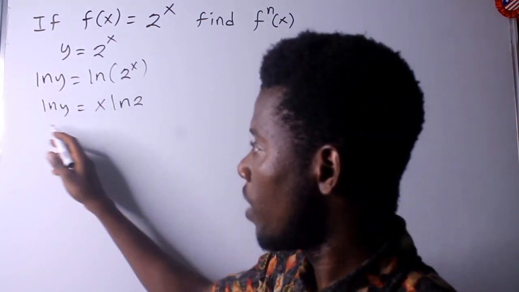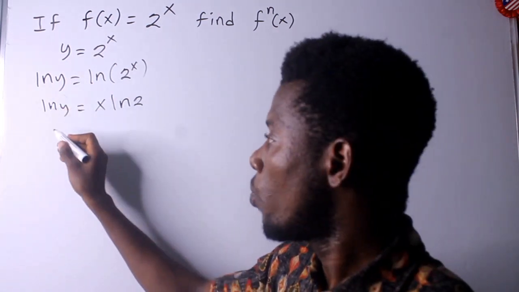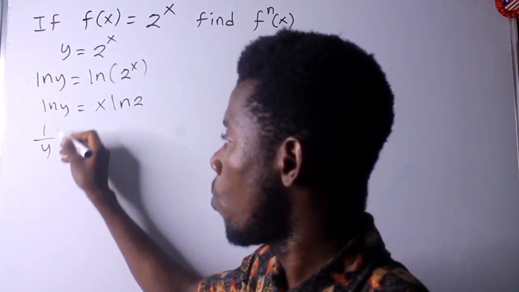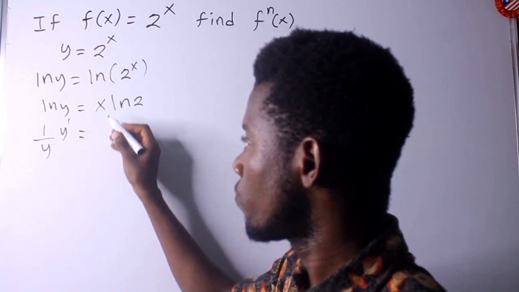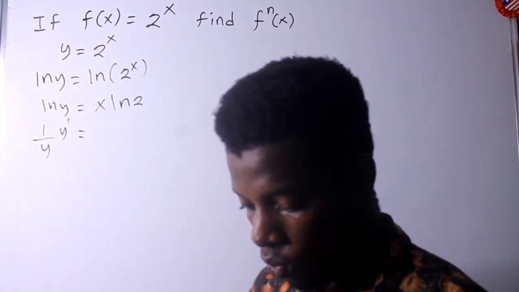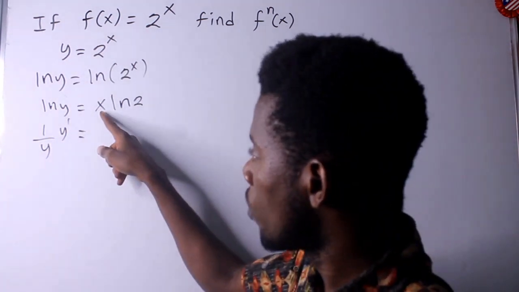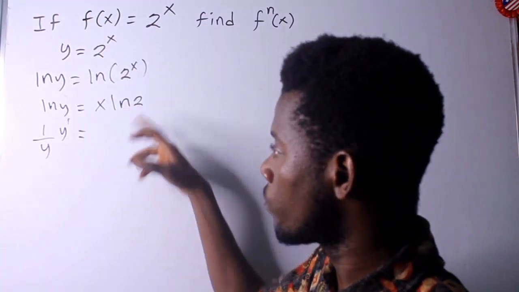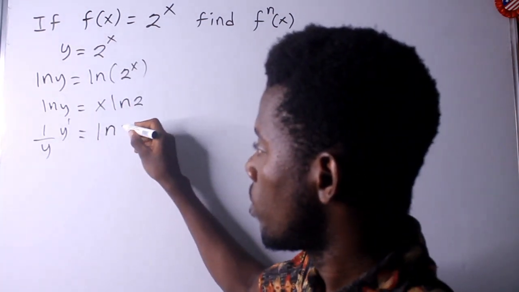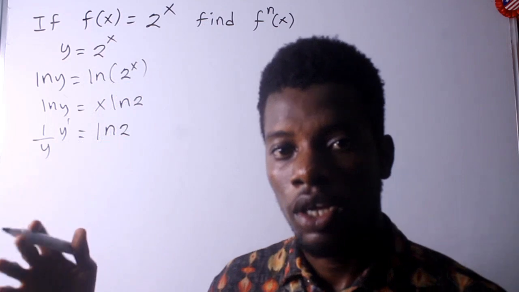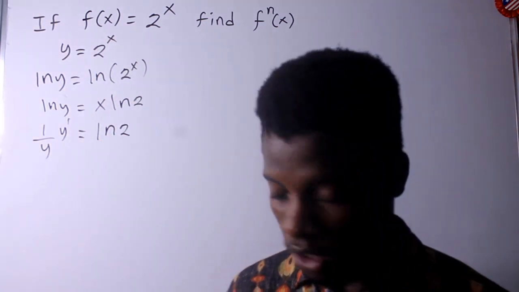So we have 1 over y times y prime is equal to, the derivative of x ln of 2, which is just ln of 2, because the derivative of x is 1 and ln of 2 is a constant.